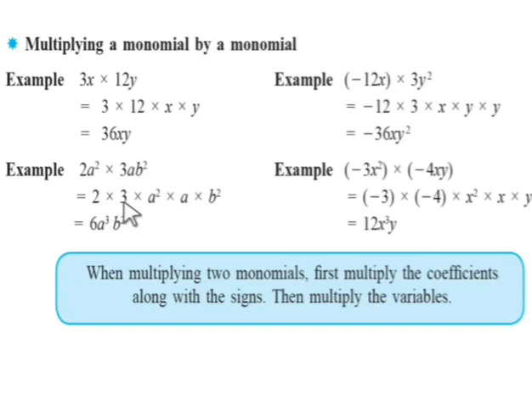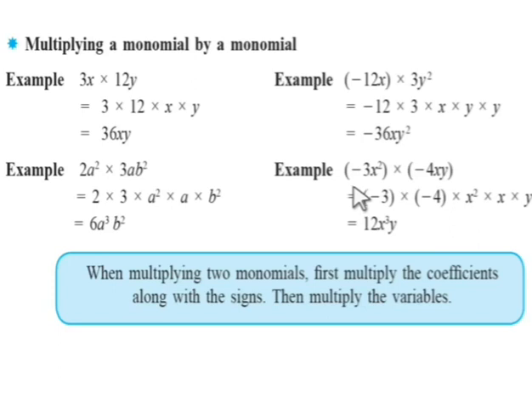Now multiply the coefficients first, that is 2 multiplied by 3 is 6. a square into a is a cube multiplied by b square, that is 6a cube b square. So when you multiply 2a square with 3ab square, you will get 6a cube b square.